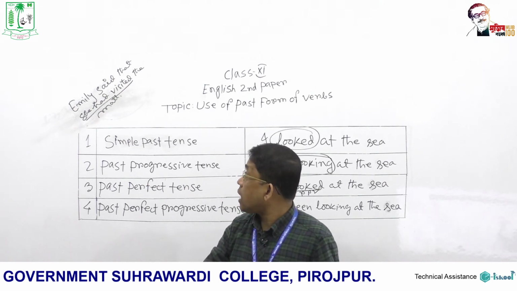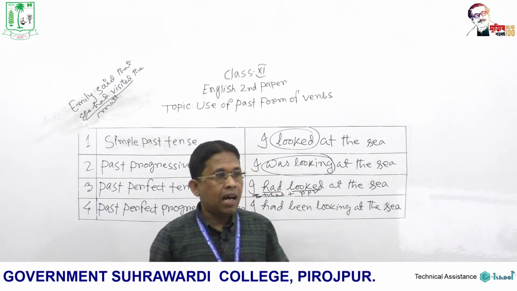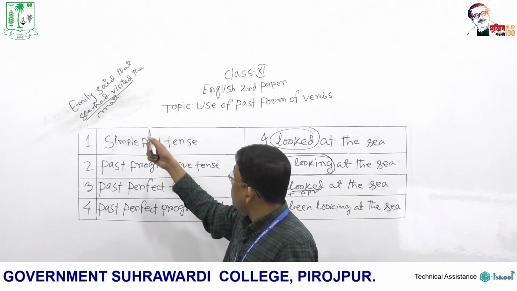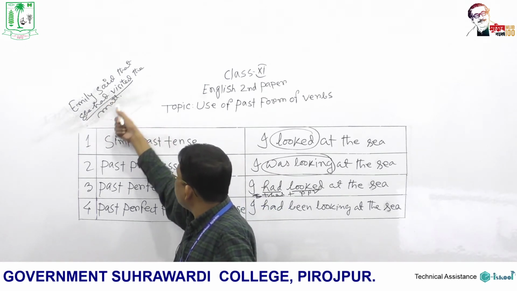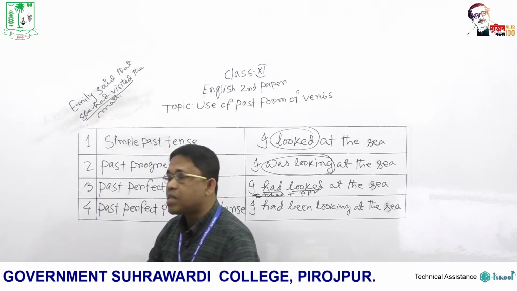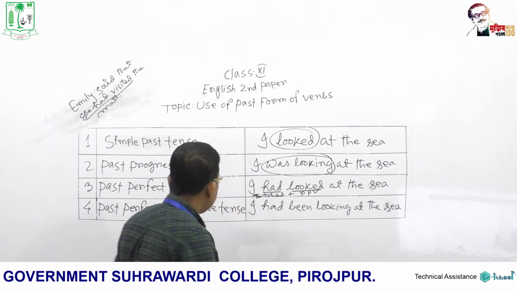So, in past perfect tense, a complete action is always indicated. Emily said that she had visited the mall. She had: subject plus had plus past participle form of verbs. And then let us proceed.